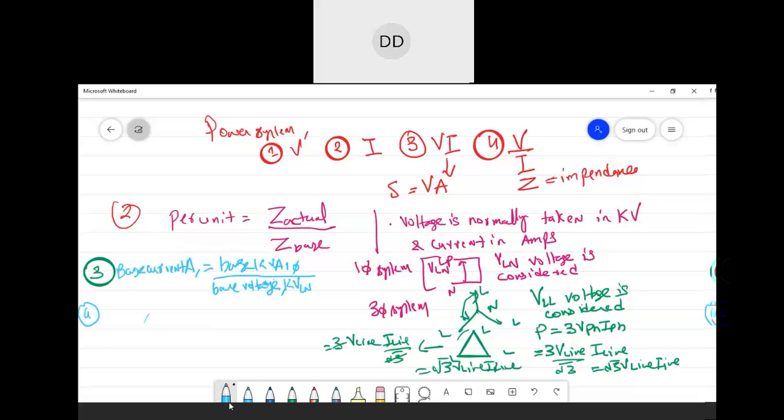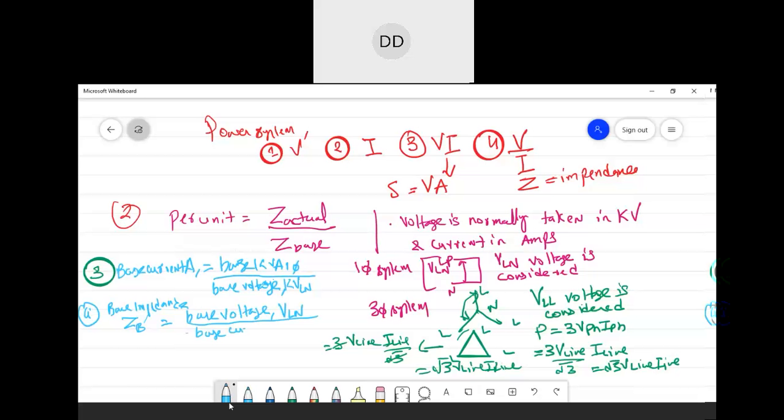Now the fourth thing is the base impedance, that is my Z base. This would be equal to the base voltage VLN divided by the base current in amps.